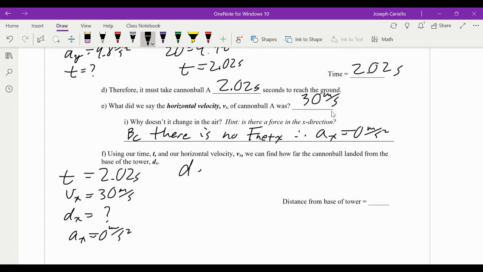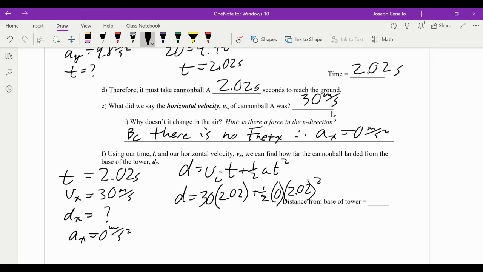You could use this equation here, d equals V_i t plus 1/2 a t squared. When you do that, the initial velocity is just 30, because it's not changing at all, times 2.02, plus 1/2 times 0, since the acceleration in this case is 0, times 2.02 squared. That goes away. We have d equals 60.6 meters.